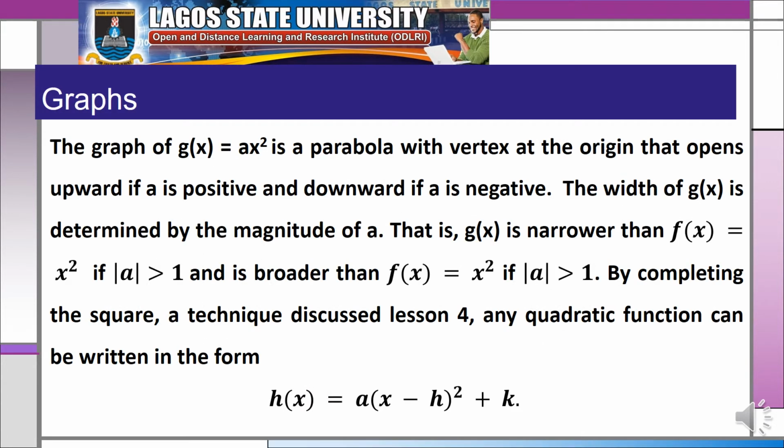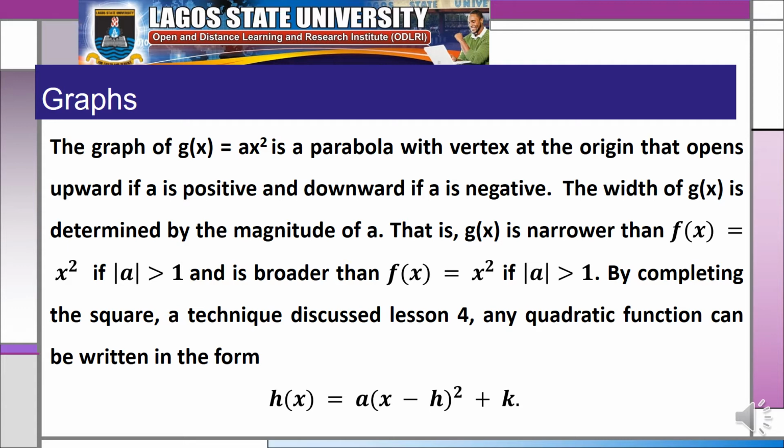Given a graph g of x equals ax squared, which is a parabola with vertex at the origin, it opens upward if a is positive and downward if a is negative.